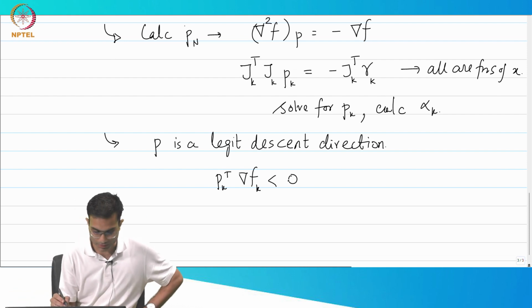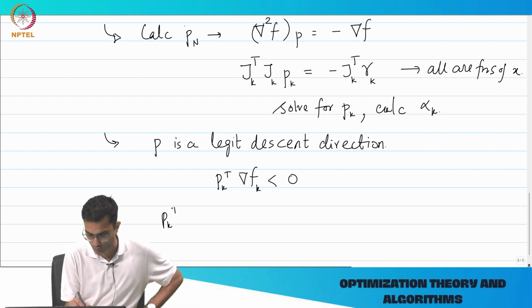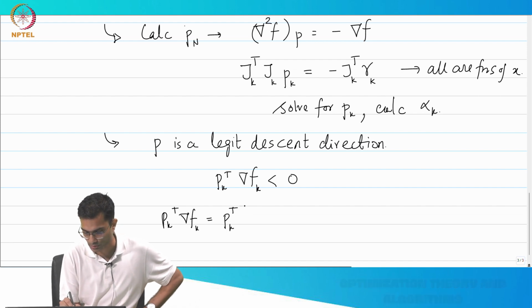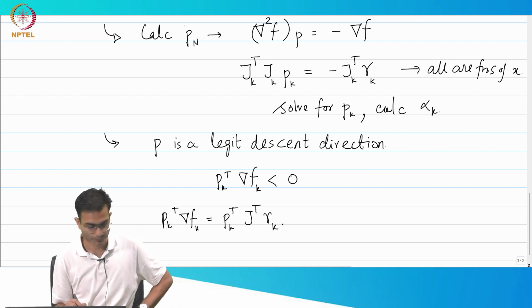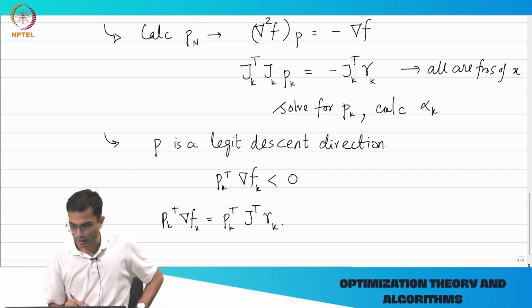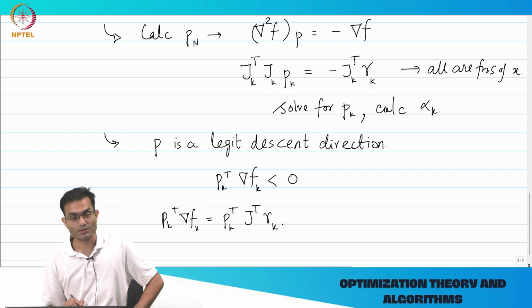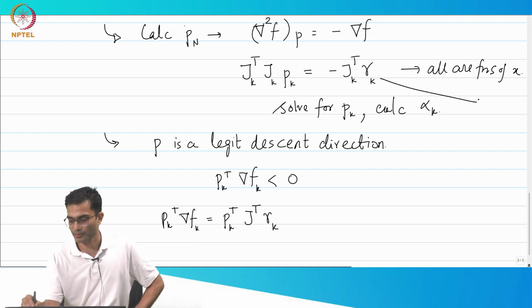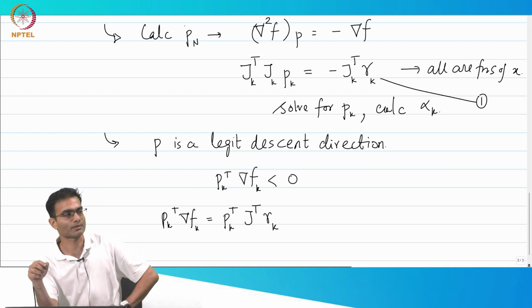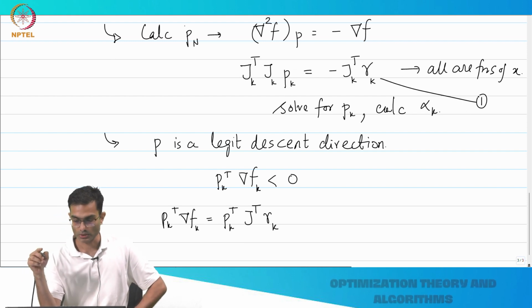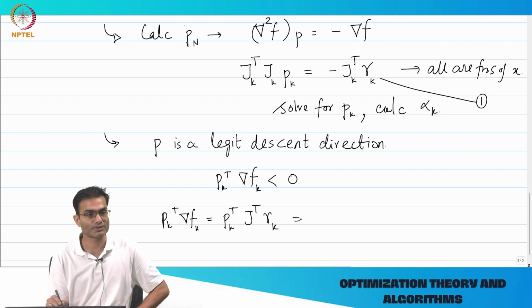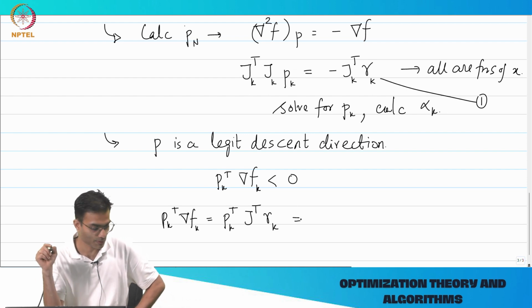Now if I just substitute what I know of grad f, this is pk transpose, and grad f was J transpose R, so this is J transpose Rk. I have this equation over here, which has an expression for J transpose Rk exactly inside it, so I can substitute this in here. Is everyone with me on this?